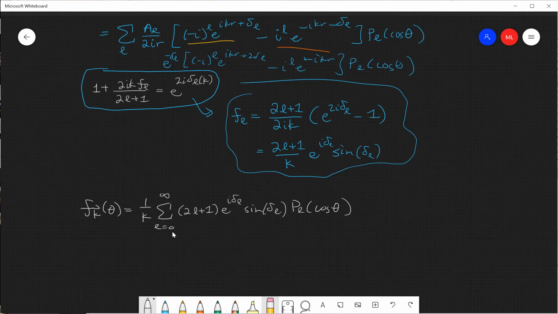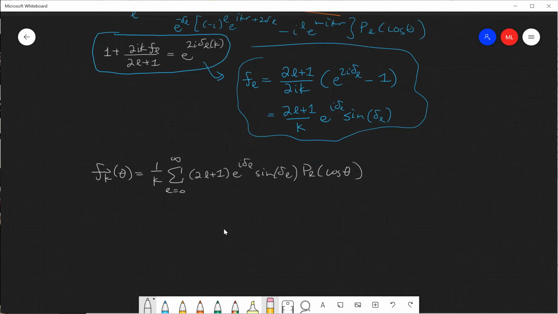And moreover, you can integrate up the magnitude of F squared to get the total cross section. If I take this thing squared, that is equal to the differential scattering cross section. So then if I integrate it up, I get the whole cross section.